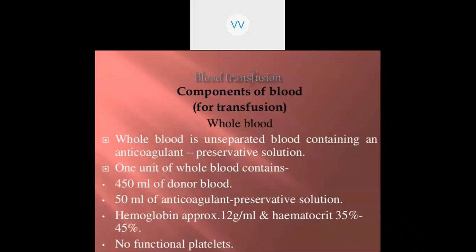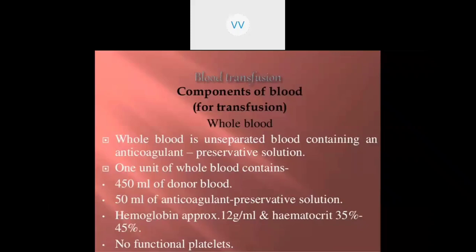One unit of whole blood contains a total of 500 ml, of which 450 ml is donor blood. The donor donates 450 ml of blood, and the remaining 50 ml is the anticoagulant preservative solution, which is already present in the unit bag.